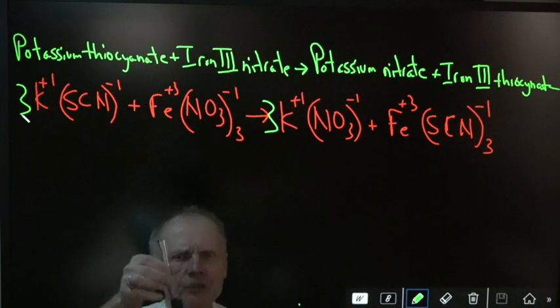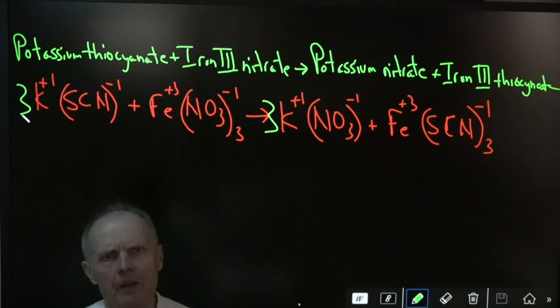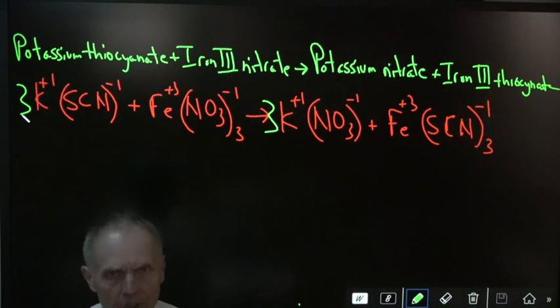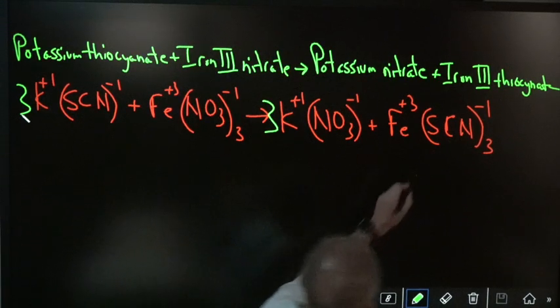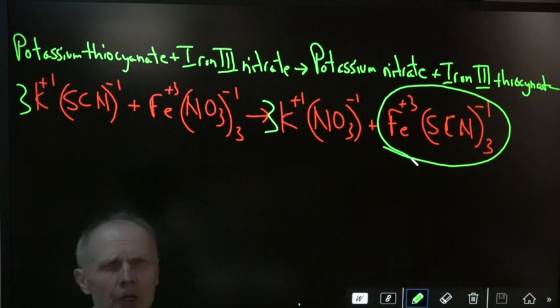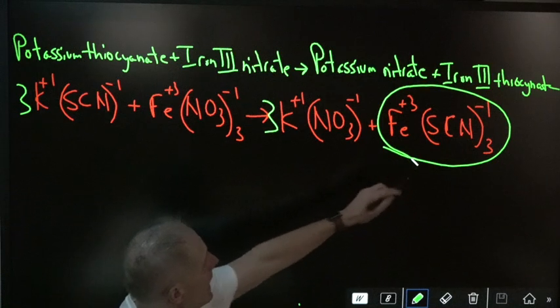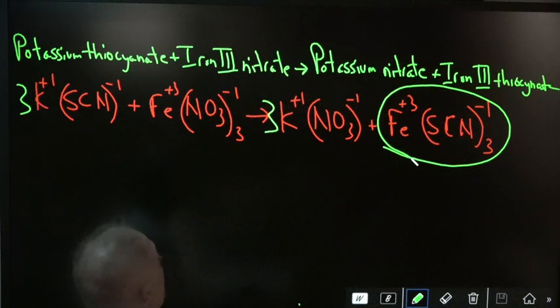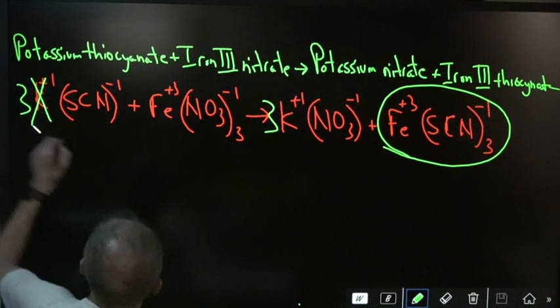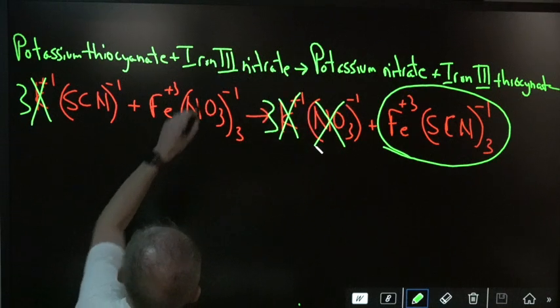So here's what we have. We have to find out what the spectator ions are and what actually worked. Well, if this is the color of blood, then whatever hooked to this actually works. So, spectator ions. Potassium's a spectator ion, and nitrate's a spectator ion.